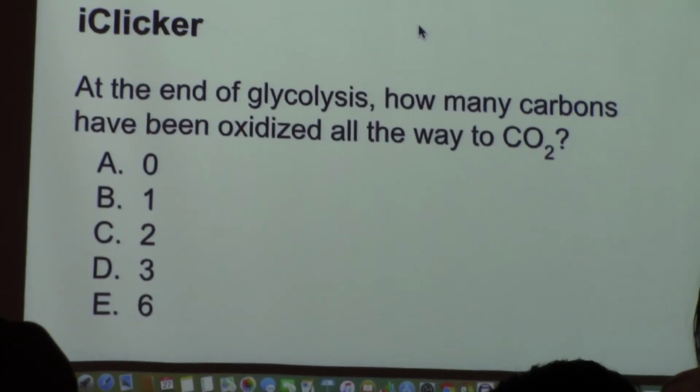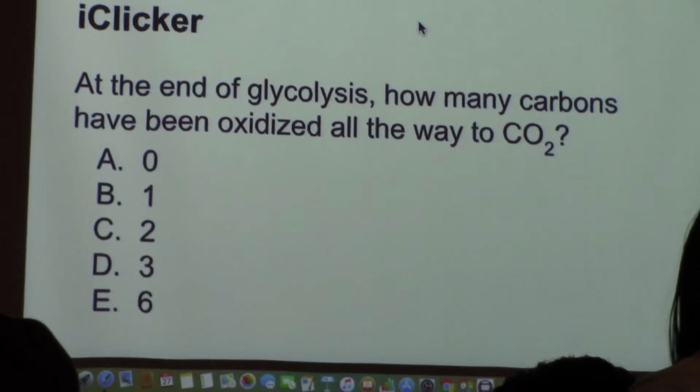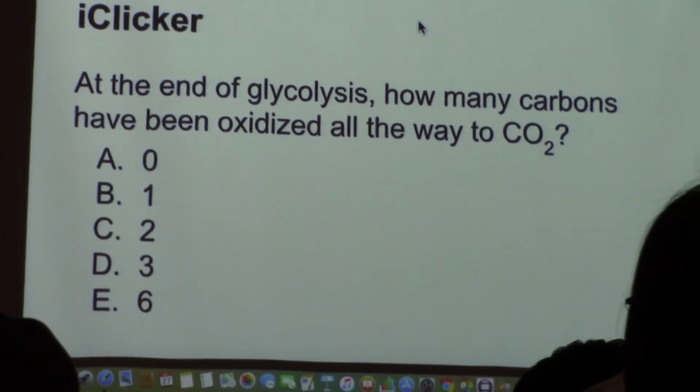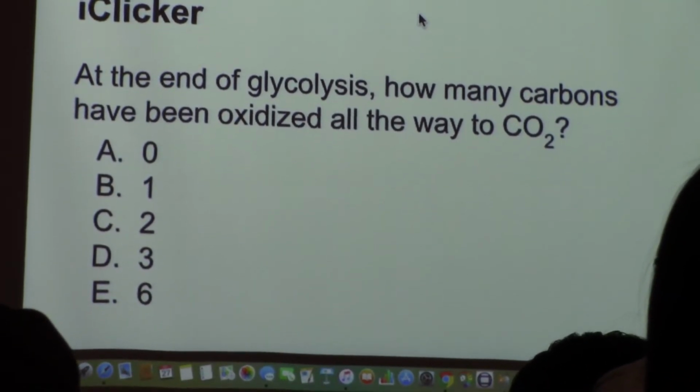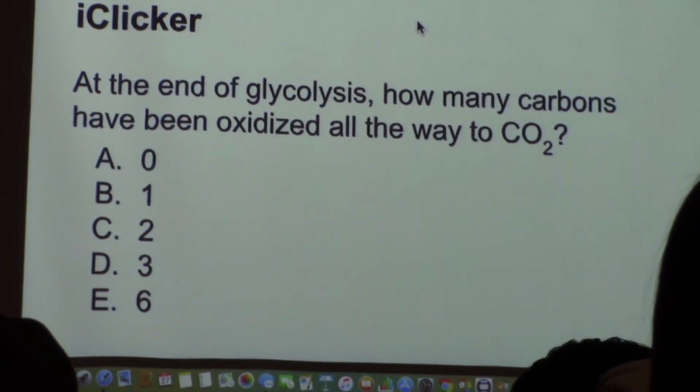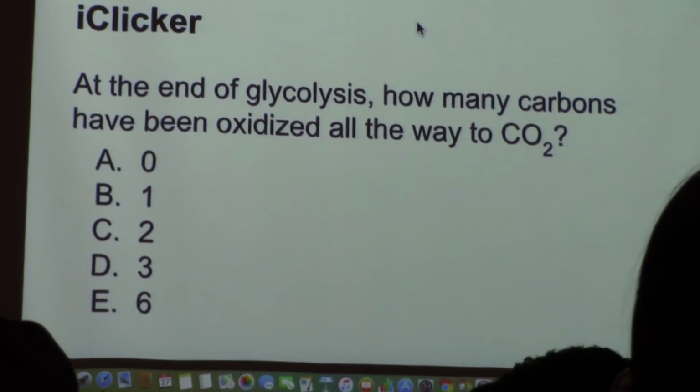At the end of glycolysis, how many carbons have been oxidized all the way to CO2 from one glucose?